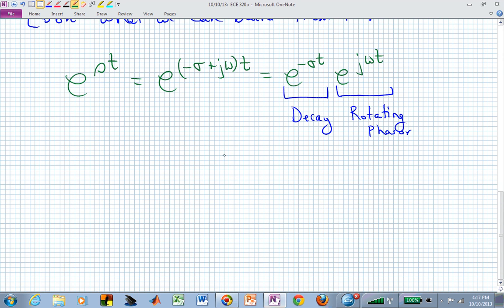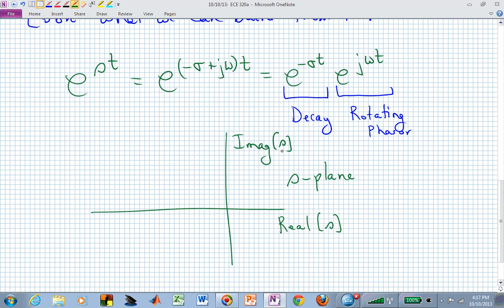If you wanted to think about s in terms of the complex s plane, you could think of the real part of s and then the imaginary part of s. Let's say that we had a real part of minus 2 and maybe an imaginary part of j3. That would correspond to a point in this two-dimensional plane that represents the real part and the imaginary part of this number.